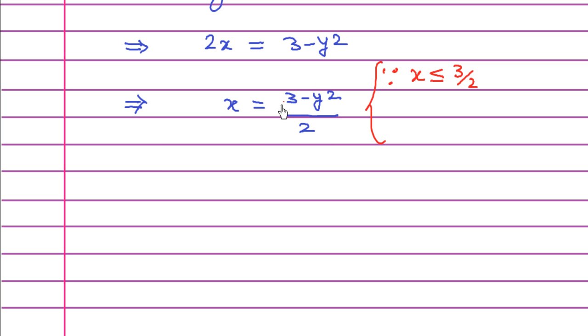It means the right side would be smaller than or equal to 3 over 2. Therefore, 3 minus y square over 2 is smaller than or equal to 3 over 2, which implies 3 over 2 minus y square over 2 is smaller than or equal to 3 over 2.